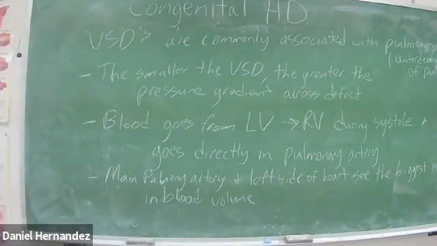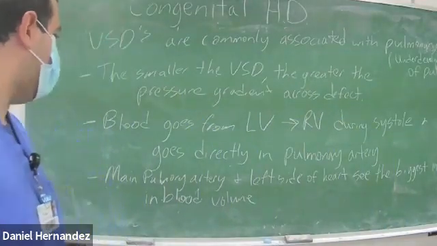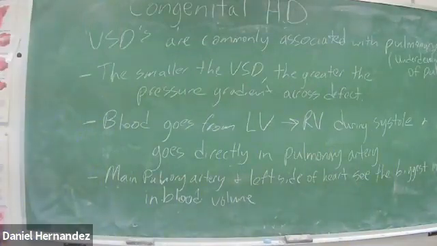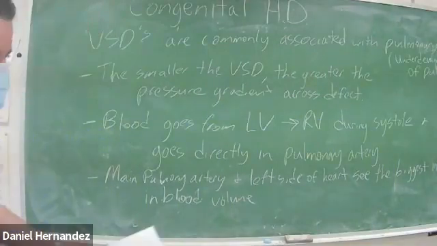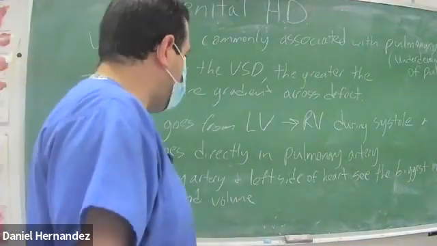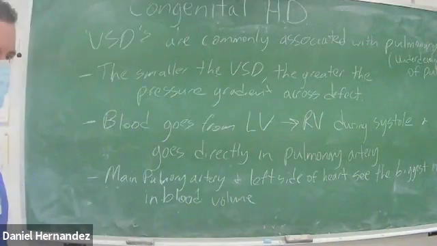So if the pulmonary artery and the left side of the heart are seeing the biggest increases in blood volume, we could expect to see pulmonary vascular congestion. On the left side of the heart, we have volume overload.